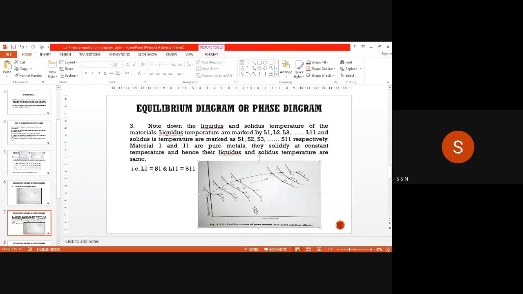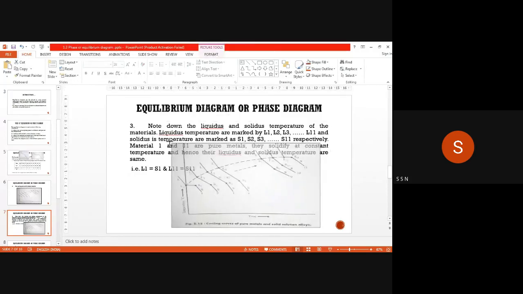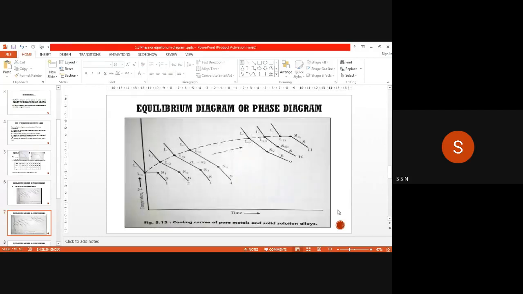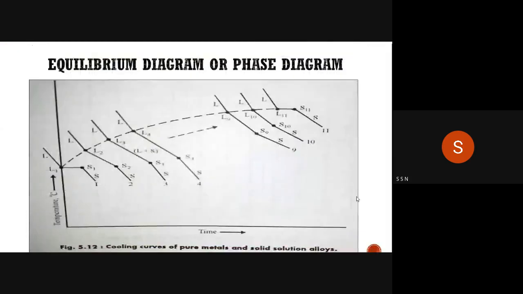To understand this, for materials 1 to 11, we have joined all the liquidus and solidus temperature points. I will enlarge this diagram so that you can understand. For this, I have joined all the liquidus points and all the solidus points by a smooth curve.